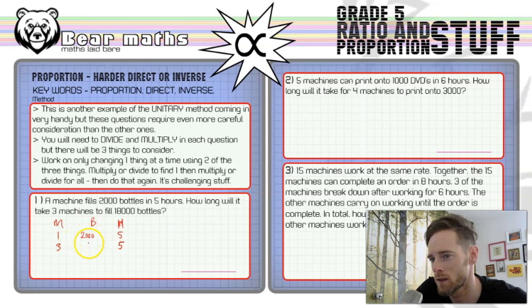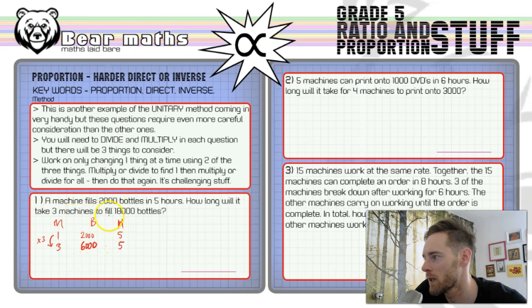There are 2 more machines, so there are going to be 2 more lots of 2,000. So 3 lots of 2,000 in total is 6,000. The 3 machines can do 6,000 bottles in 5 hours. So we multiplied by 3 there, and that was just this one and this one. We ignored this; the hours stayed the same.